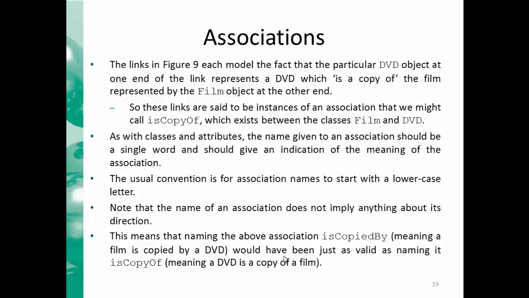Sometimes the association name may not give you an idea about the direction of the association, so you need to read the association name in both directions to be able to identify the relation direction.